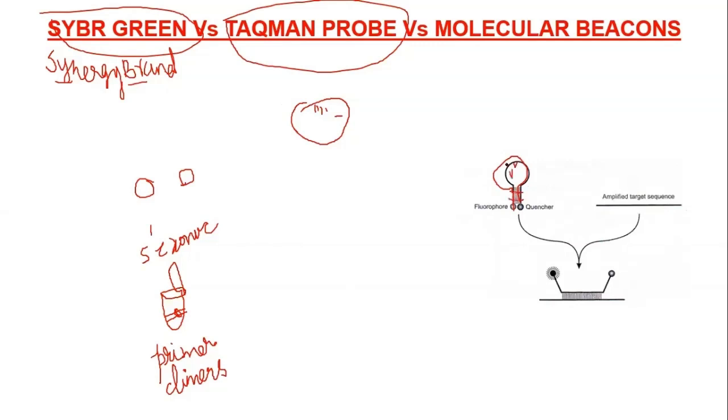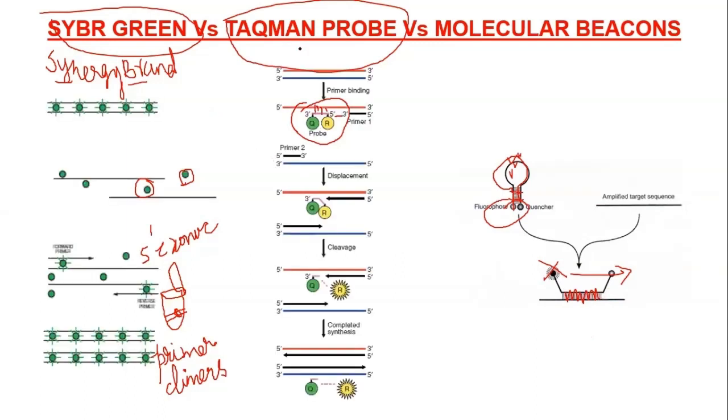So as it binds to the target, the quencher and the fluorophore are apart. Otherwise they were together. The fluorophore and the quencher are far apart, and that's how the fluorescence can be detected. But this is more tedious to design, so people stick to the SYBR Green method or the TaqMan probe method.